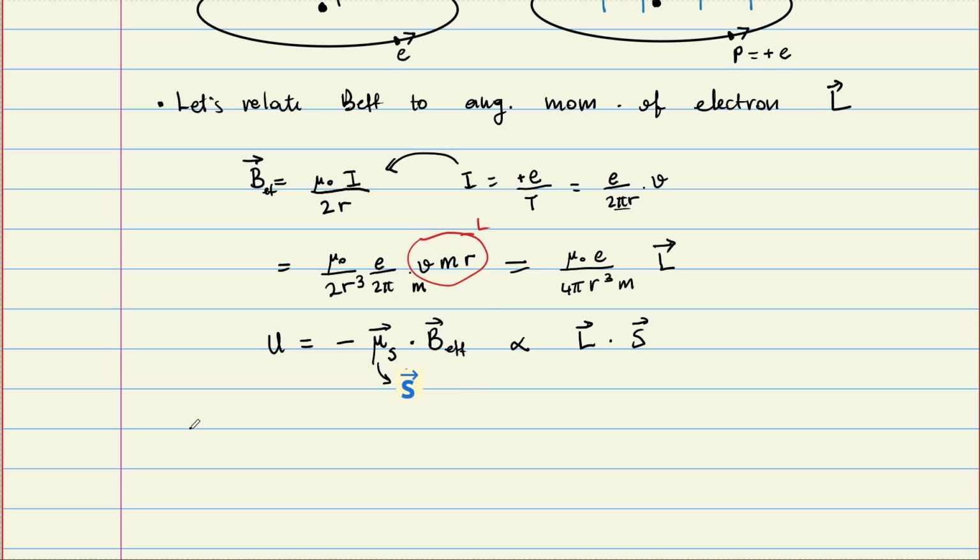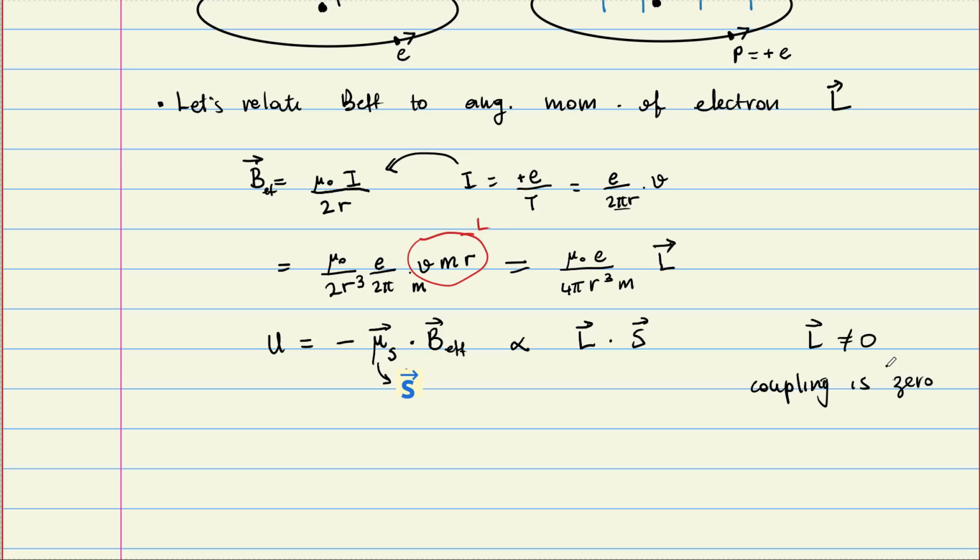So let's estimate how strong this effect could be. A couple of observations. If L is equal to 0, the coupling is 0. So spin orbit coupling is a coupling between orbit and spin.